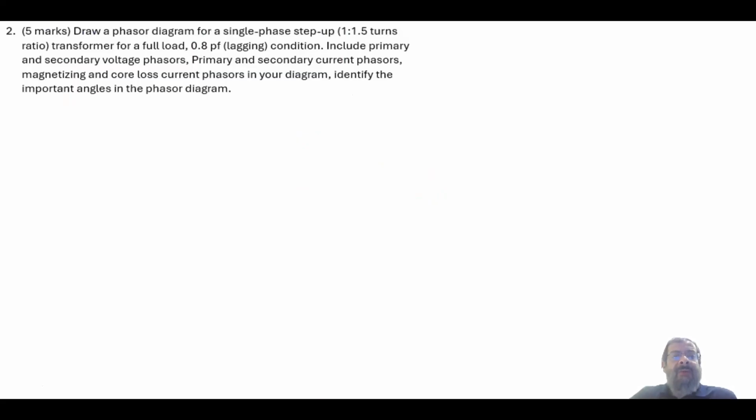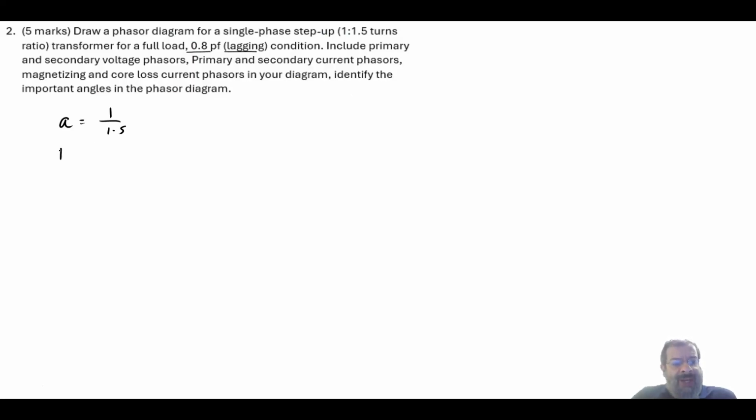It says here, draw a phasor diagram of a single phase step-up transformer, 1 to 1.5. So the ratio of the transformer is equal to 1 over 1.5. I will leave it as such. The transformer full load is 0.8 lagging.